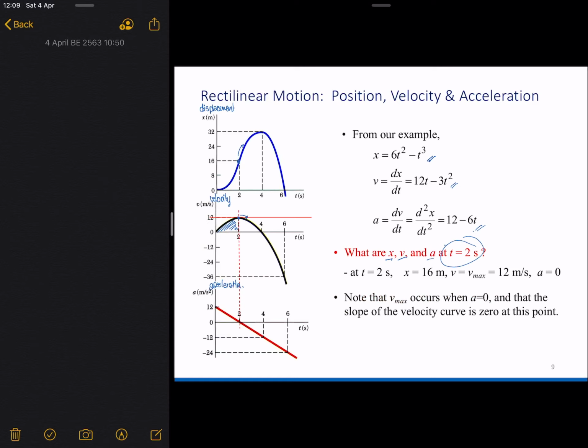So one note is also really important. Note that Vmax occurs when acceleration is equal to 0.